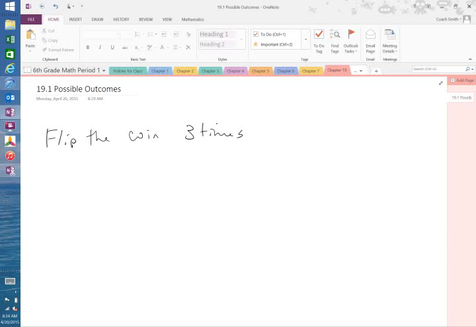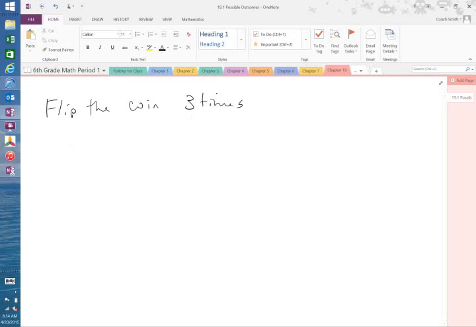In other words, think of it in these terms. I flip the coin, land on a head. I flip the coin again, land on a tail. Flip the coin again, I land on a head. Well, that's 1 possible outcome. I want to know how many possible outcomes there are for each one.